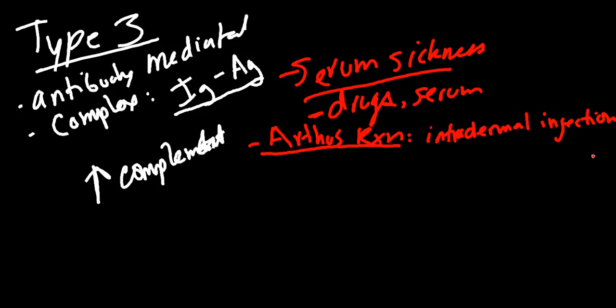Think intradermal injection, so at the localized site of injection. Then lastly, we've got a couple other items on the list. So we can do systemic lupus, we can do rheumatoid arthritis. These are all type 3 hypersensitivities dealing with complexes.